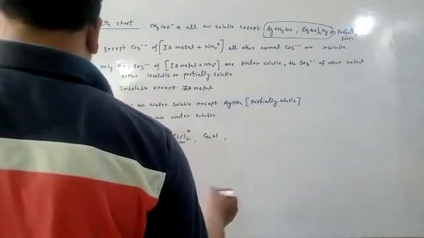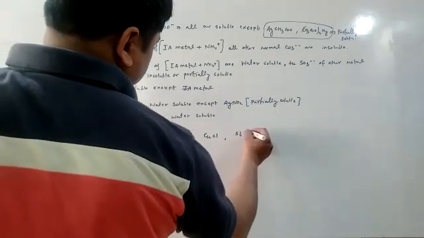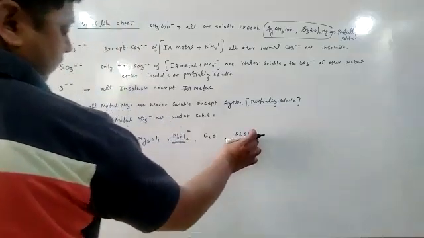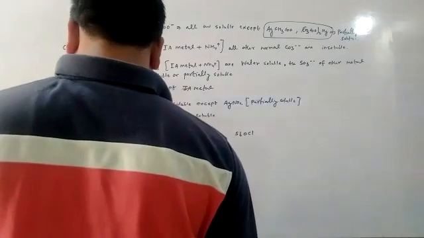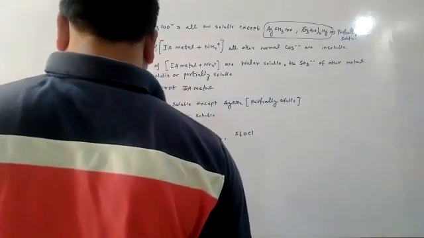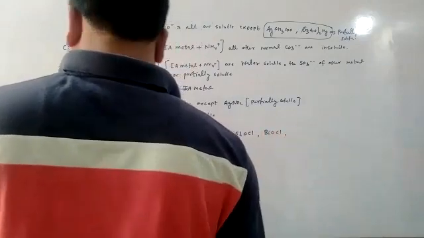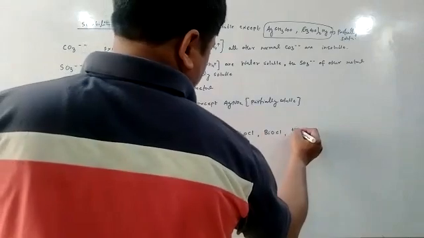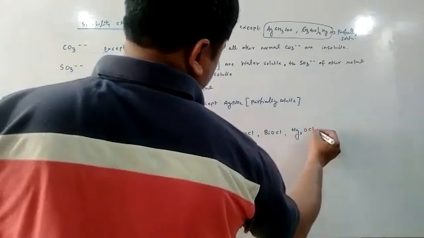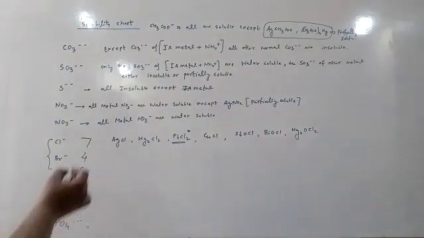And there are 3 oxychlorides also: SbOCl, which we know from hydrolysis, and BiOCl. And one is Hg2OCl2. So see, this is 7.